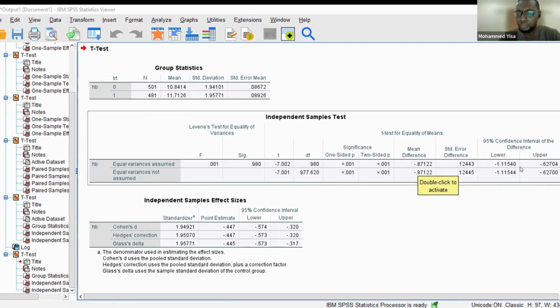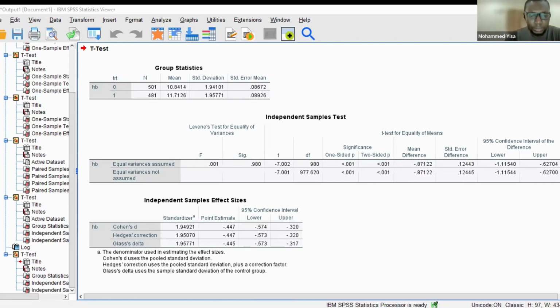And 95% of them had an increase of between 1.1 and 0.6. Somebody has their hands up.